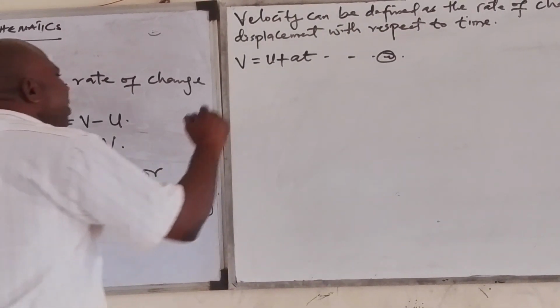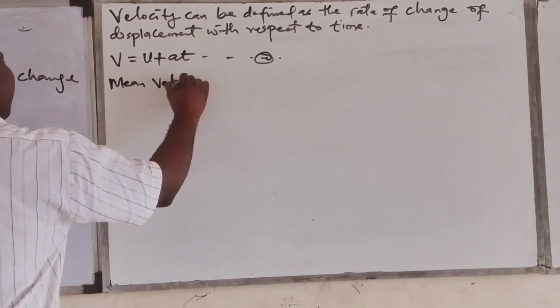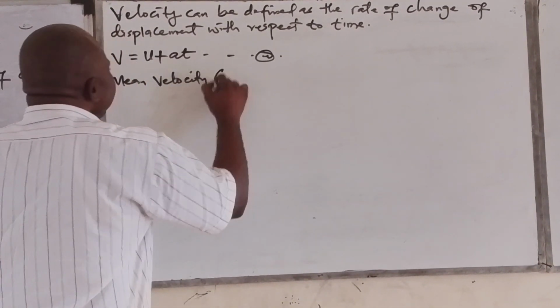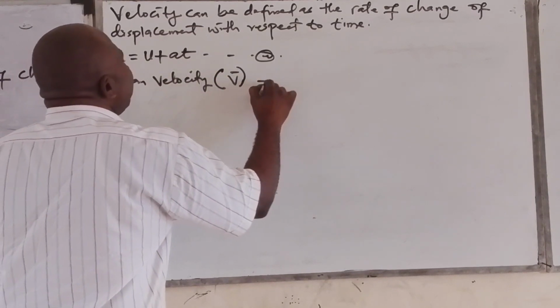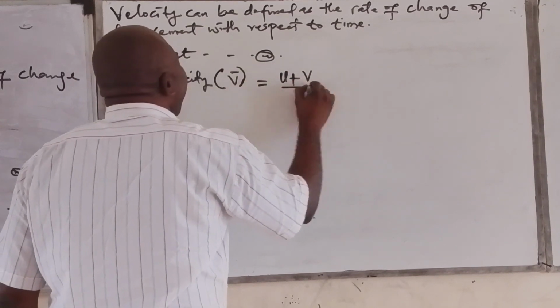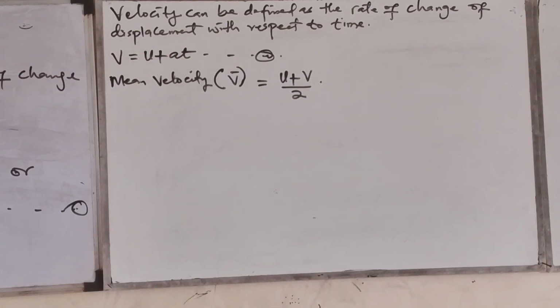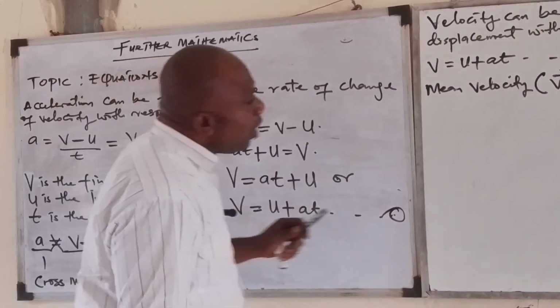Now let's look at mean velocity. This mean velocity, also represented as v mean, is equal to u plus v all over 2. Remember we said u is the initial velocity and v is the final velocity.